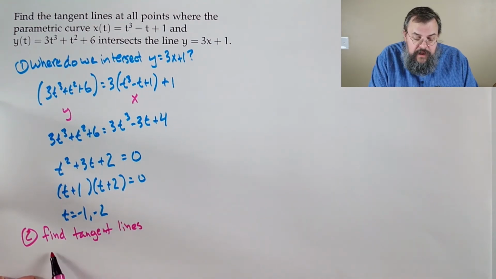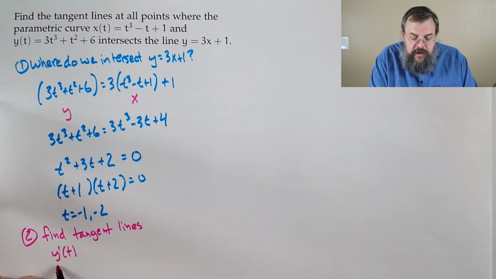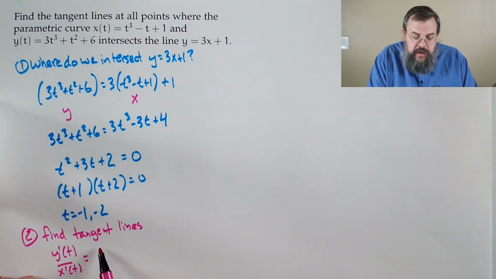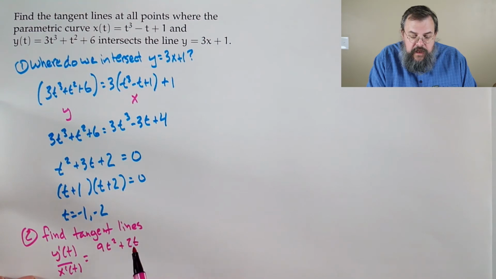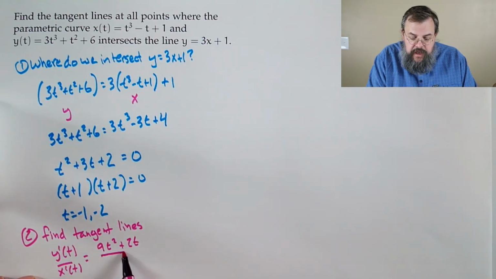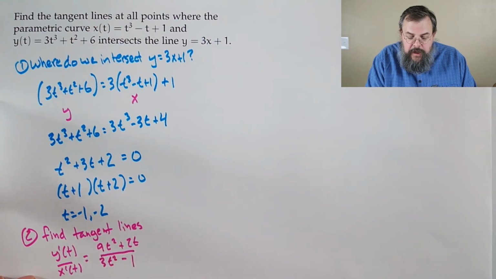Recall that's y prime over x prime. So y prime would be 9t squared plus 2t, taking the derivative of the y term. x prime would be 3t squared minus 1.